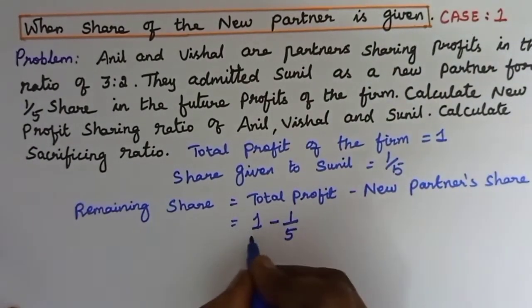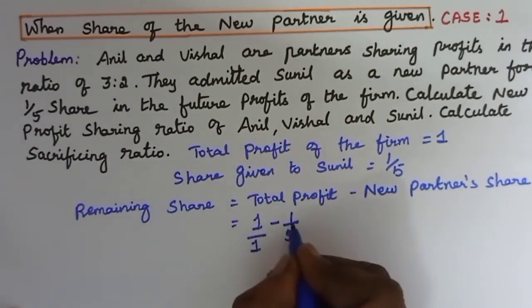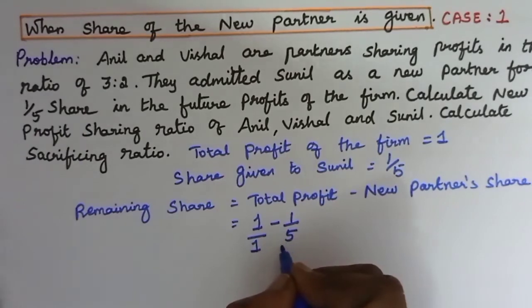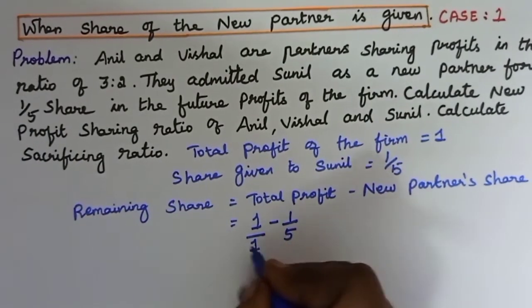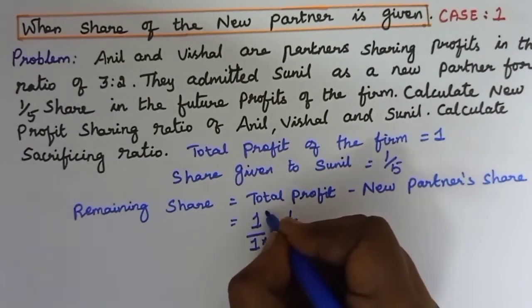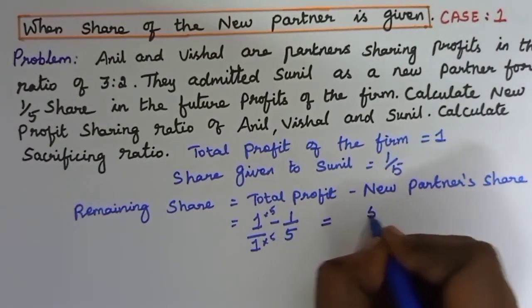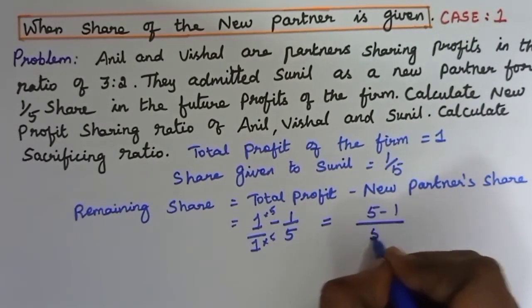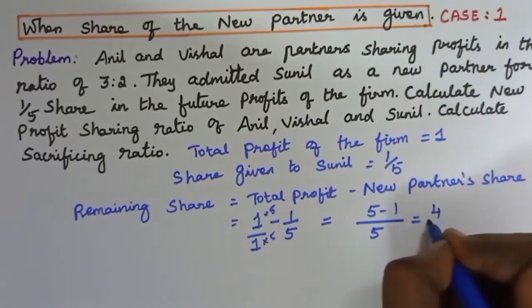Here we have different denominators, 1/1 and 1/5, so we have to find the LCM. LCM is 5. To convert the denominator, we multiply by 5. We get 5 minus 1. The remaining share is 4/5.